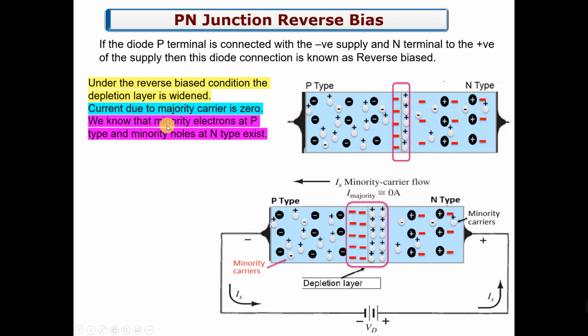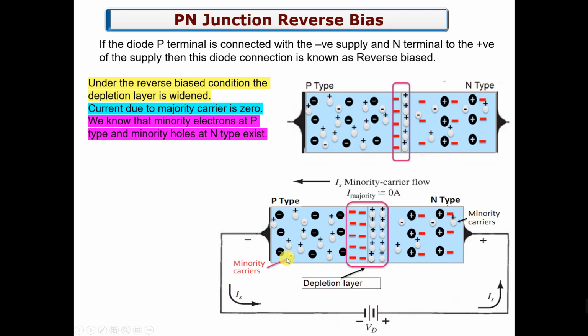We know that at the p type we have minority electrons, as I showed here, and minority holes at the n type also exist. So what will happen? This plus will push this plus, and this minus will push this minus.